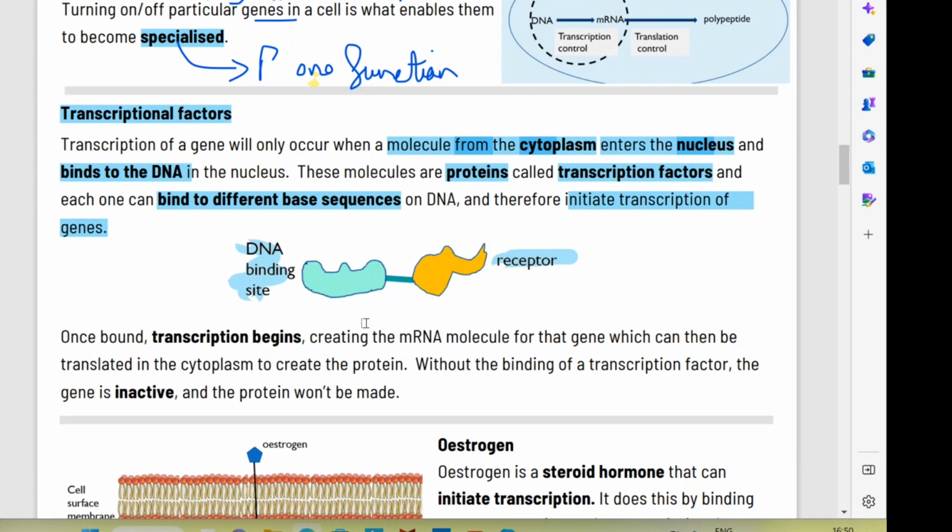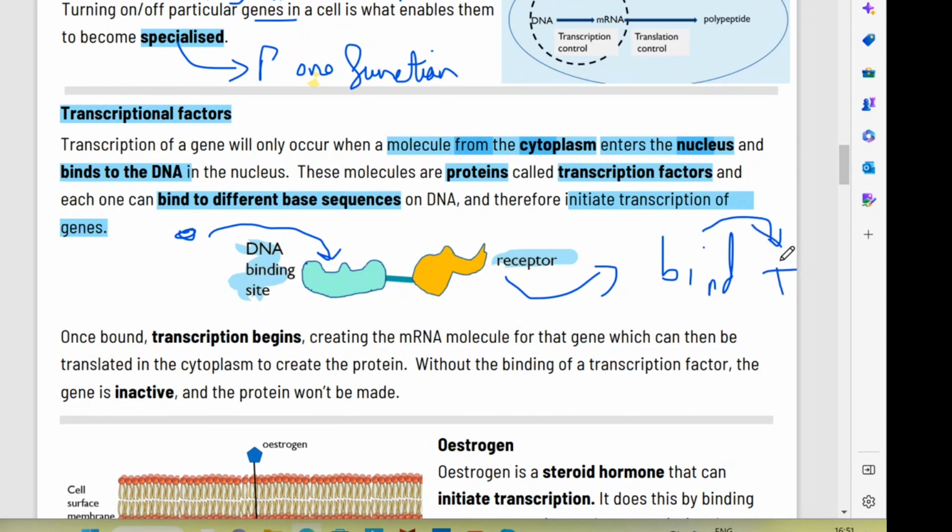And once this transcriptional factor, i.e. a protein, so a protein is going to be here, once it binds to the DNA binding site, they will enable the receptor to bind to different base sequences on the DNA. And this will allow transcription.